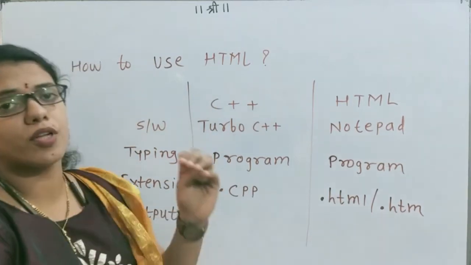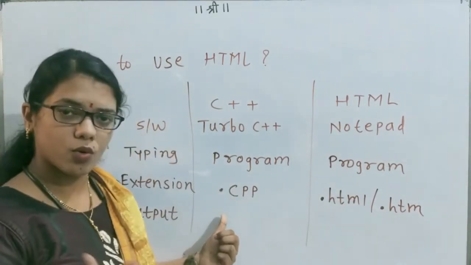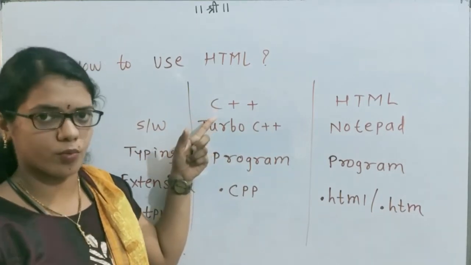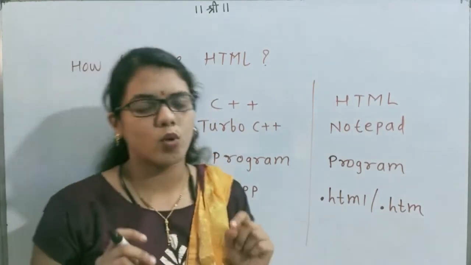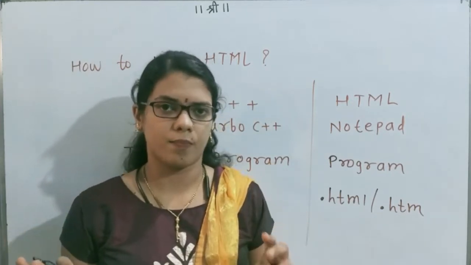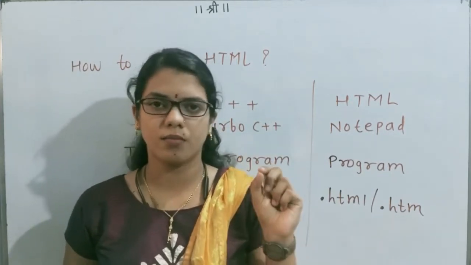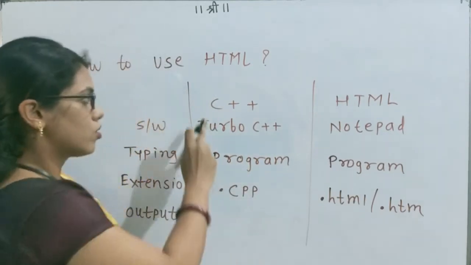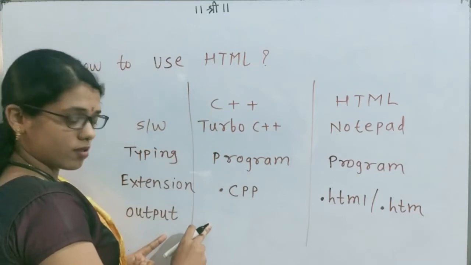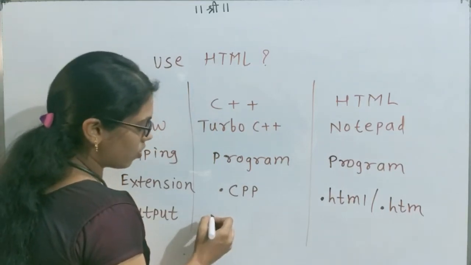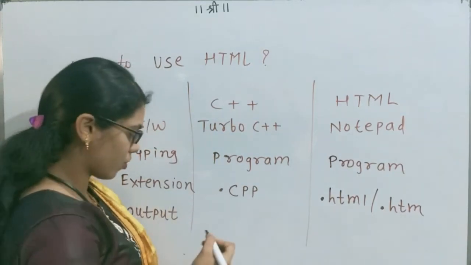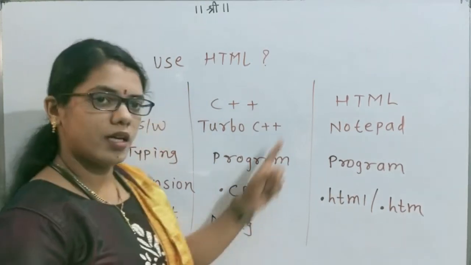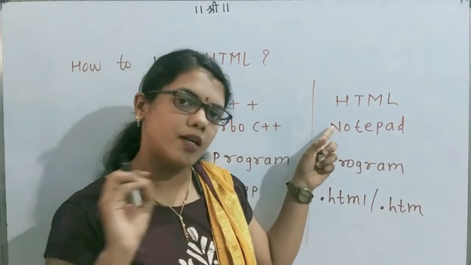To get output in C++, we execute and debug our program, and then the compiler gives the output to us. If our program is completely error-free we get output, but if our program has even a single mistake, then the compiler shows us an error list. So the output of C++ depends on execution and the debugging process. But in HTML, a compiler is completely absent.